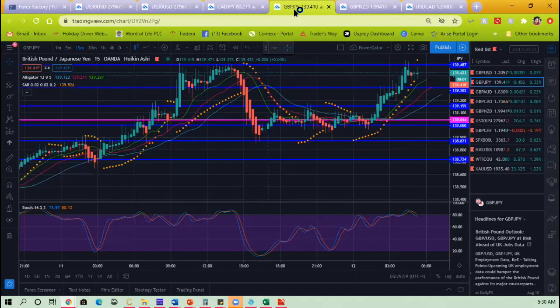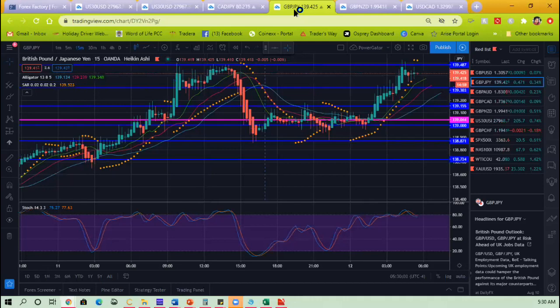Okay, that one has actually gone into consolidation. So although the alligator mouth is still open, this isn't something that you want to look into getting into when those candles are confused like that.